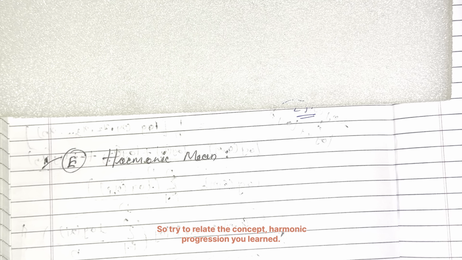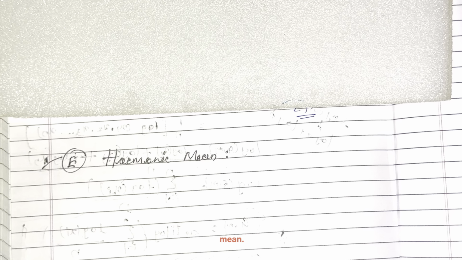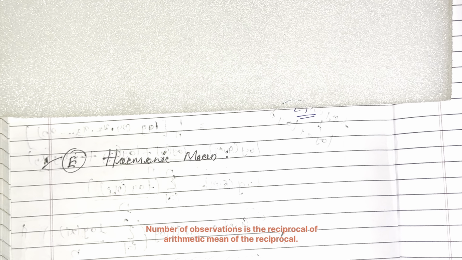In harmonic progression, if you have 1 upon the denominator in an arithmetic progression, we consider it a harmonic progression. For the geometric mean it is similar. The harmonic mean is the reciprocal of the arithmetic mean of the reciprocals.